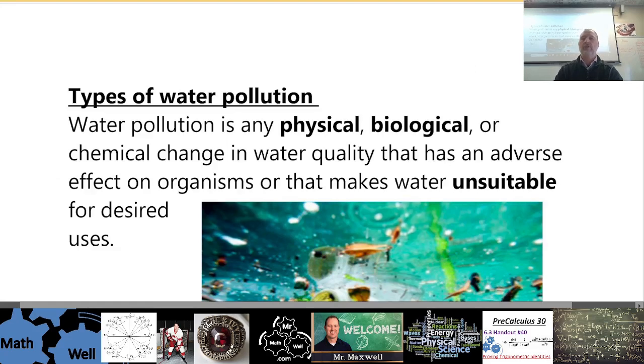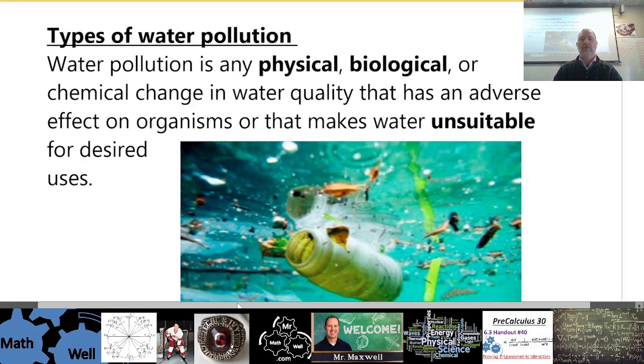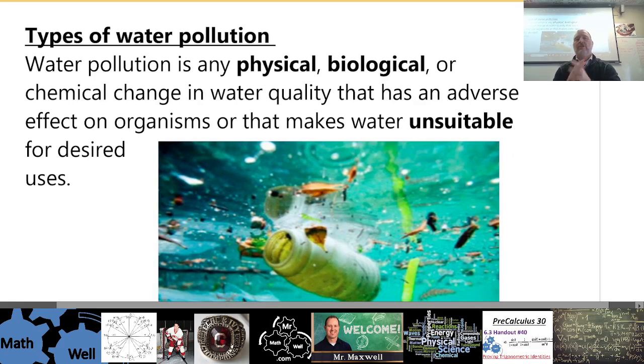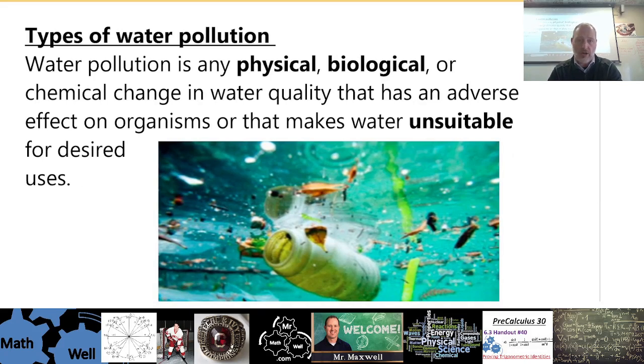Types of water pollution. So we've talked about waste and pollution in this class a lot. Let's talk about water pollution. Water pollution is any physical, biological, or chemical change in water quality that has an adverse effect on organisms or that makes water unsuitable for desired uses. Okay?